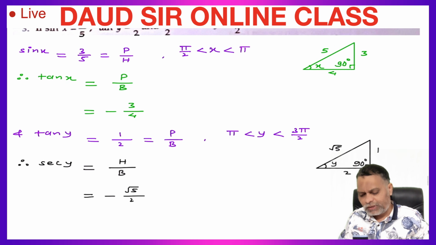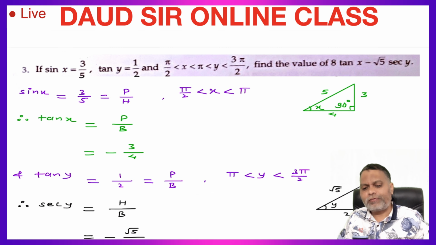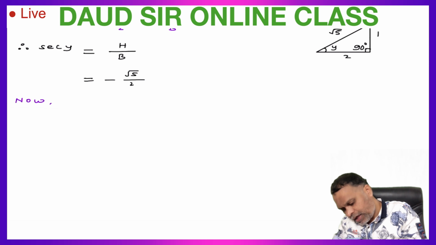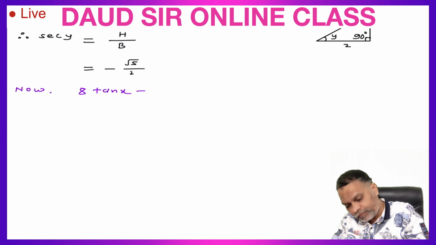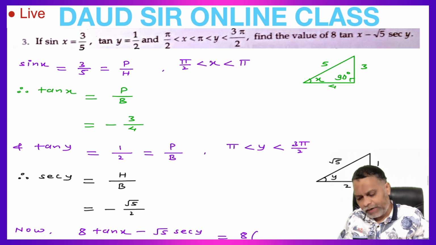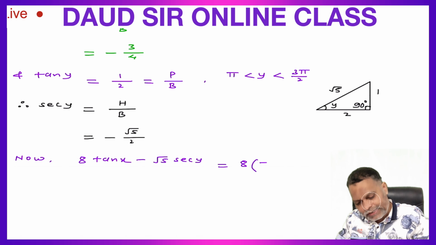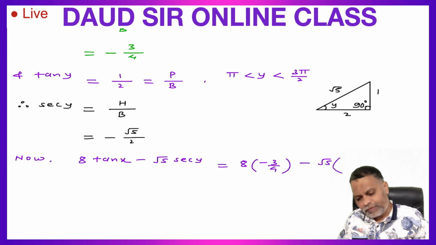Now we have both values, tan x and sec y. So we can calculate the value of 8 tan x minus root 5 sec y. 8 tan x minus root 5 sec y is equal to 8 into the value of tan x we calculated, minus 3 upon 4, minus root 5 and put the value of sec y.